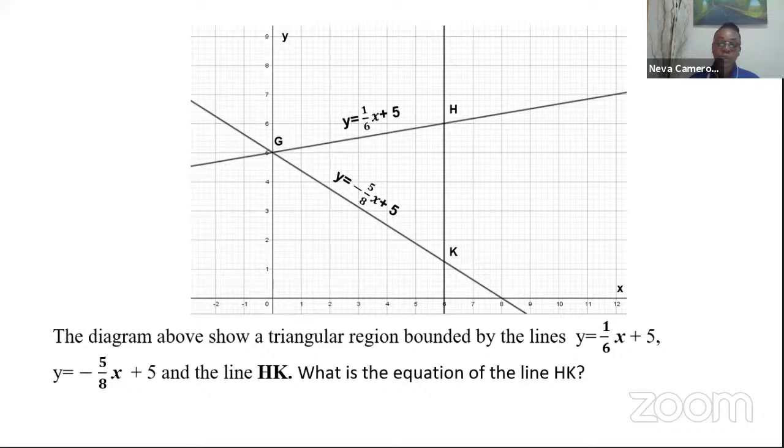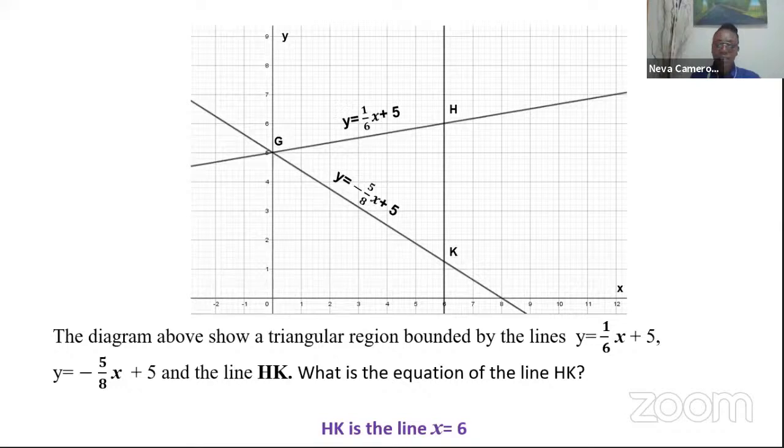All right. So what else can we pick from this line? Yes, I realize that we are agreeing that the line HK is x equals 6, pulling from what was said about passing through the x-axis at 6, and it's parallel to the y-axis.